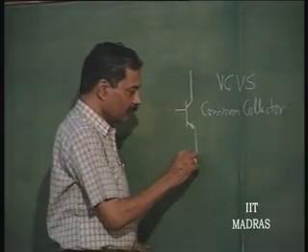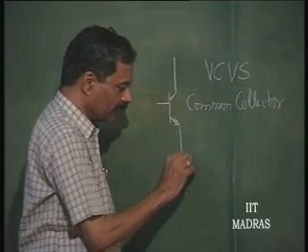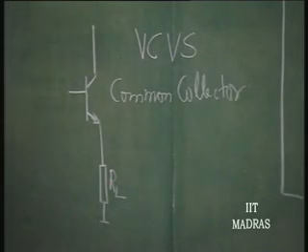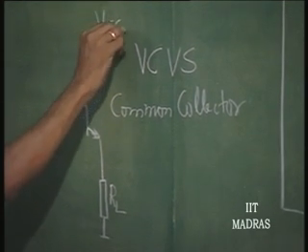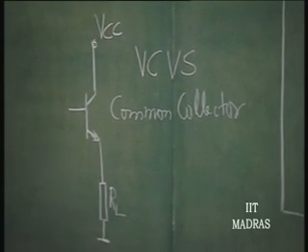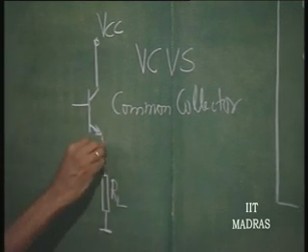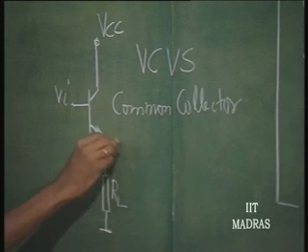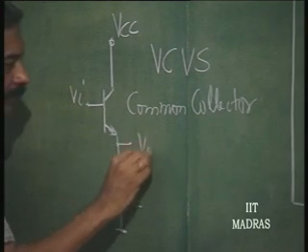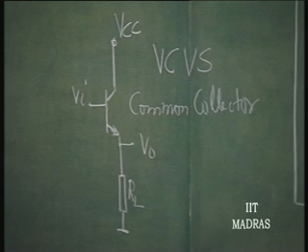So, the load is going to be RL here. This is VCC, let us say, this is grounded, and the output here, if this is Vi, the output here V naught is going to be very nearly equal to Vi.